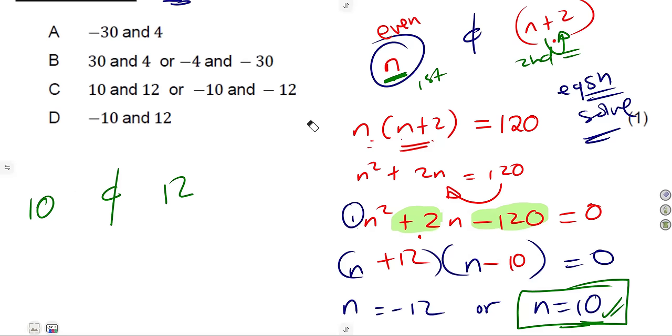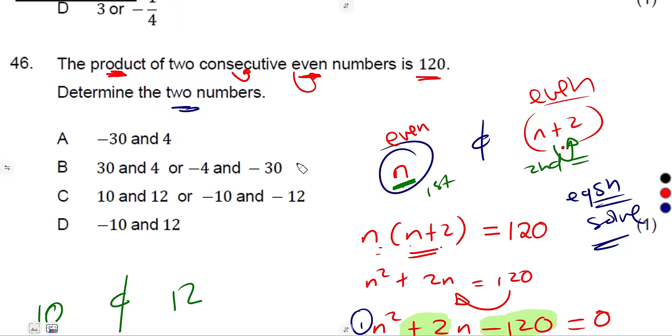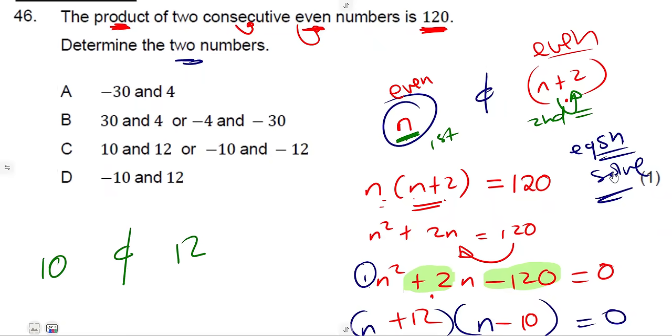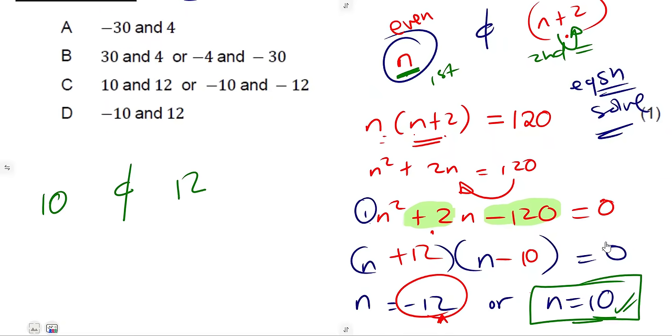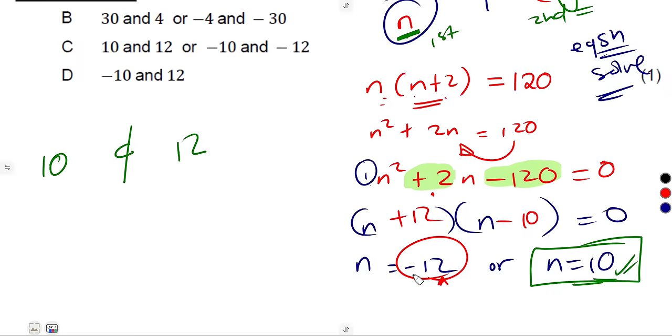Okay, no problem. Let's talk about the minus 12 here, because there is a minus 12. Remember, they say the product, guys. We're talking about the product being positive 120. Remember, if you multiply a negative by a negative, you get a positive. So if I have a negative 12 as my number, what about the other one?